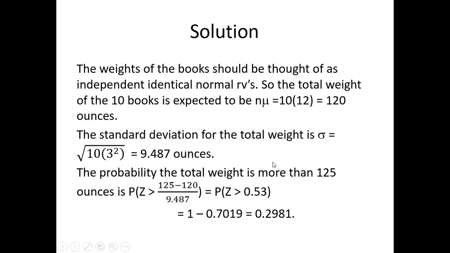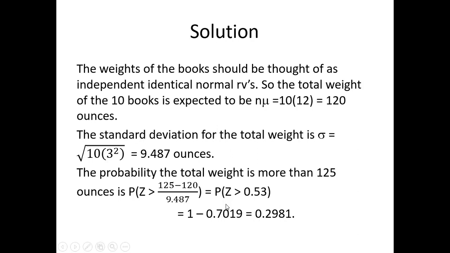Now we could work this out because we know the sum of normals is normal. So we get the probability that Z is greater than (125 minus 120) over 9.487, which is equal to the probability Z is greater than 0.53.